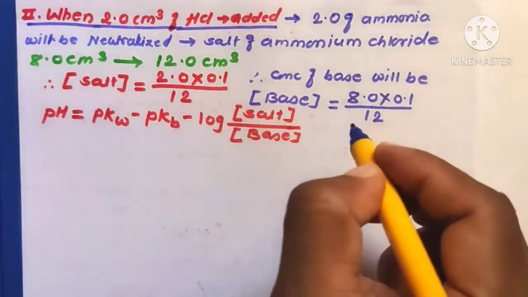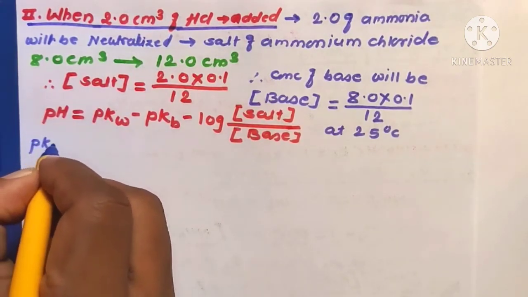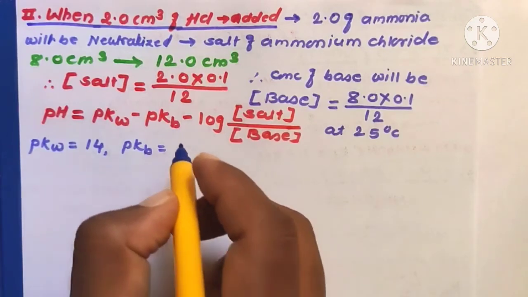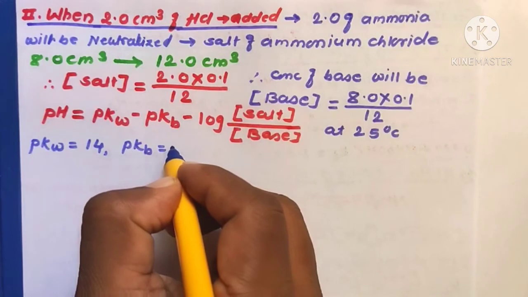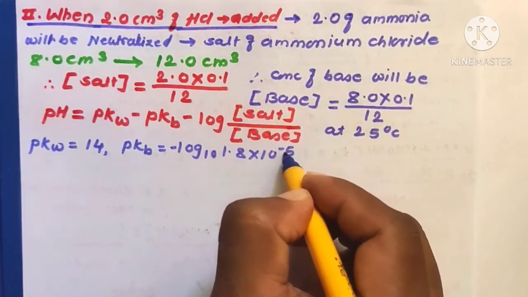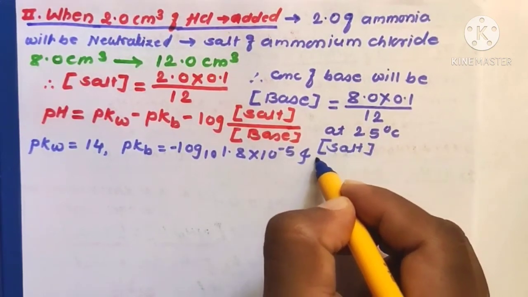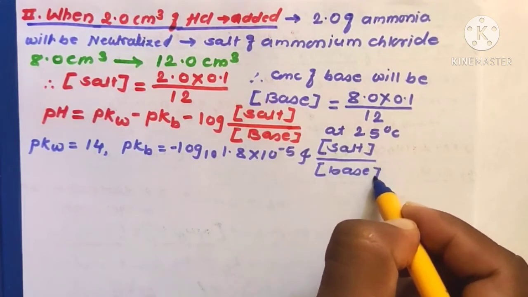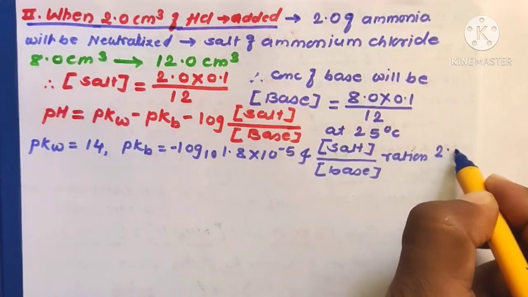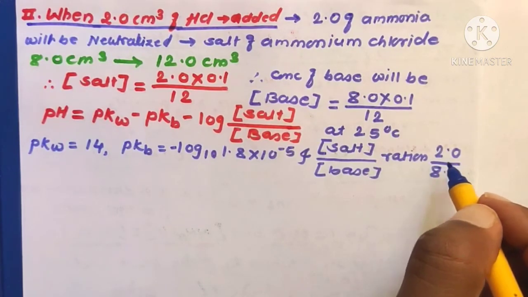At 25 degrees Celsius, the pKw, the ionic product of water, is 14. pKb is equal to minus log to the base 10 of 1.8 into 10 raised to minus 5, and the ratio of concentration of salt to concentration of base will be 2.0 divided by 8.0.